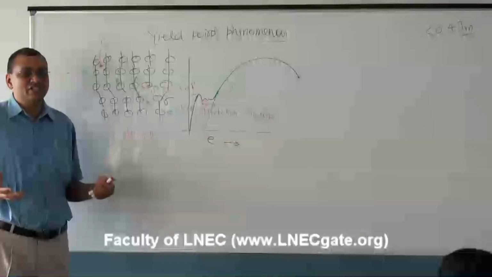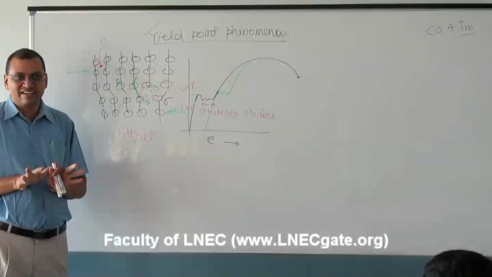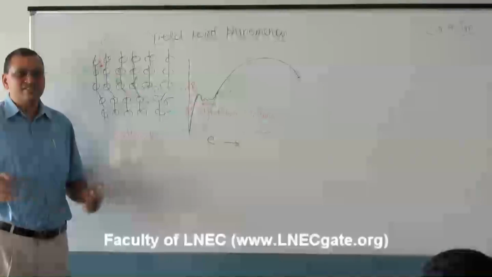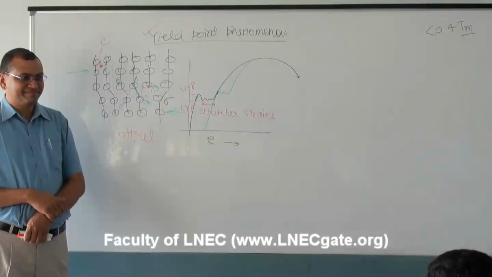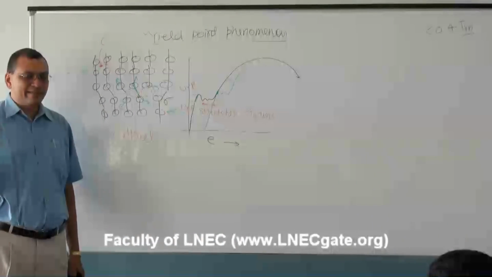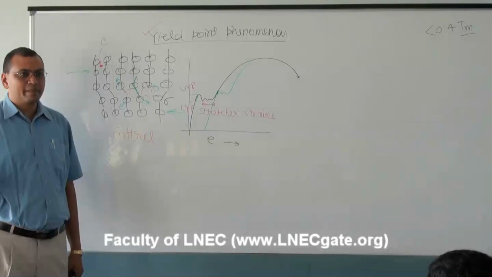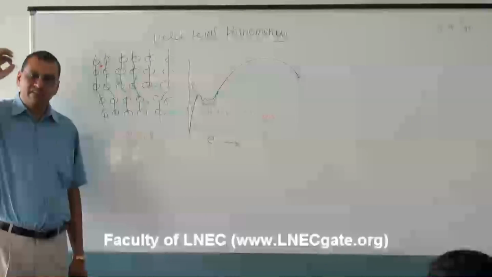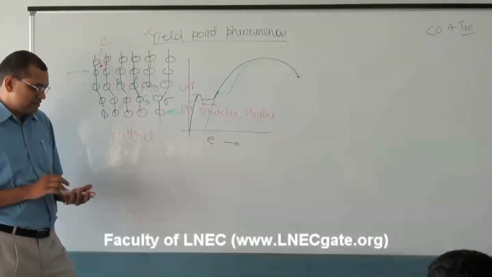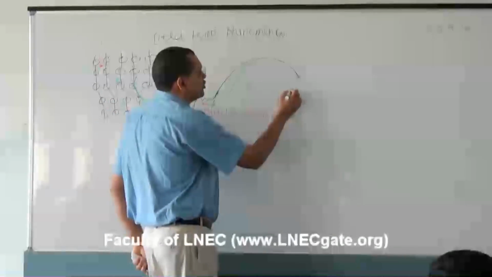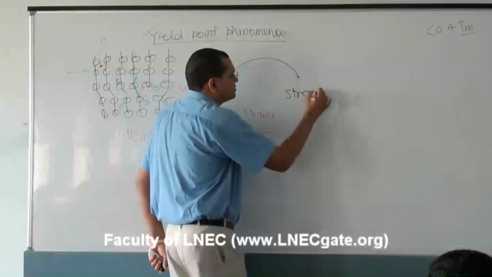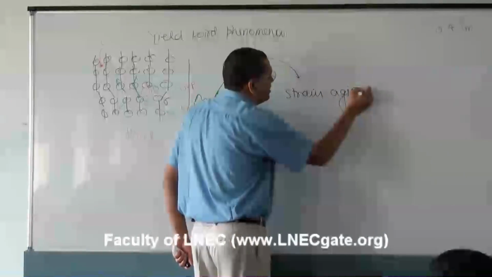And due to the appearance of the Cottrell atmosphere again, there is a reappearance of the yield point phenomenon. This time period after which the yield point phenomenon reappears in the material is called strain aging time.